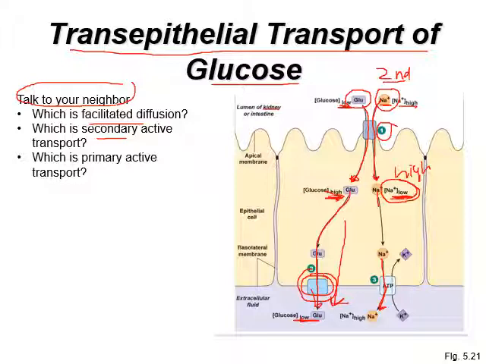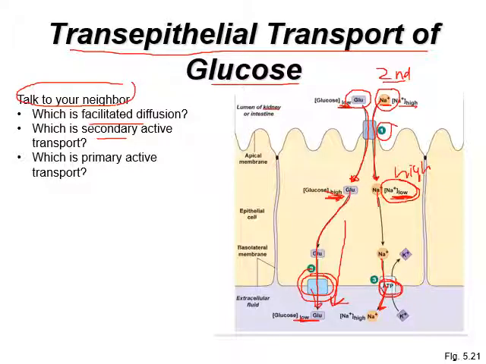But unlike how we used a sodium gradient to move glucose, instead, we're moving sodium out by using ATP. Again, we're going from low to high, so this can't be diffusion. This has to be active transport, and we're using ATP.